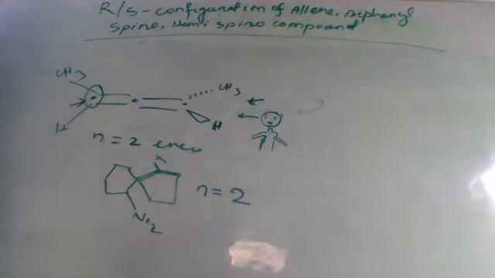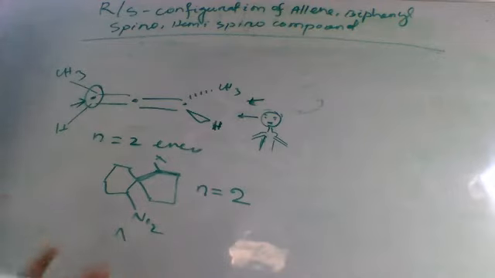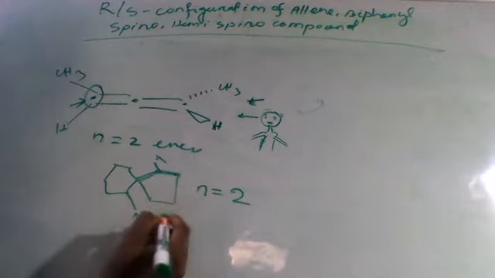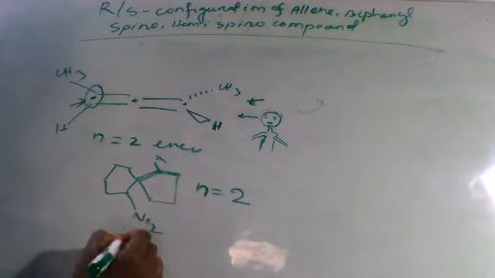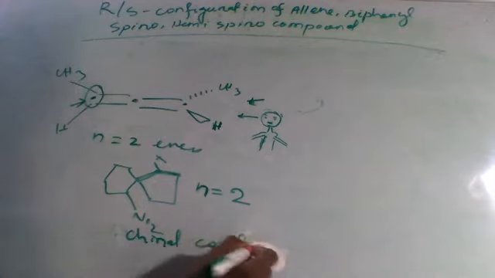So the number of double bonds should be even, not odd. If it is odd, then there is a plane of symmetry and it is achiral. If n is even, it is chiral with no plane of symmetry, a chiral center.